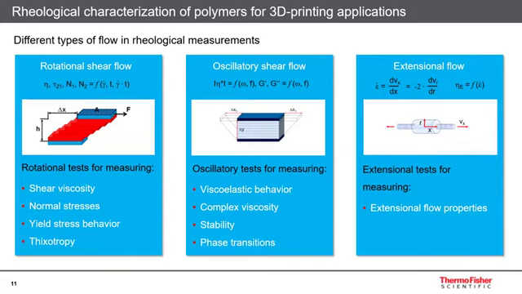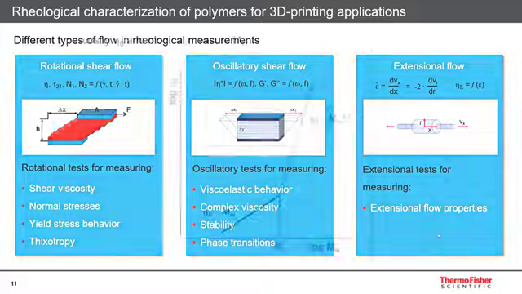Testing the extensional properties of a polymer is something that is not performed so frequently and is also limited to testing polymer films when using a rotational rheometer. However, the extensional properties are important for many technical applications, and one example from the field of polymers is, for example, film blowing. But in this presentation, we will focus mainly on the conventional oscillatory testing method.